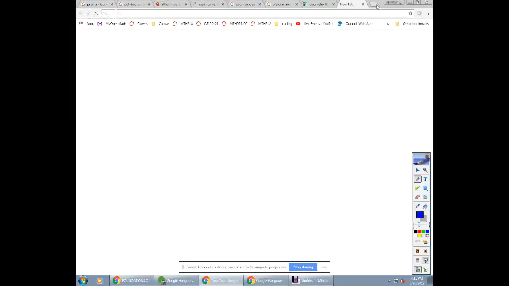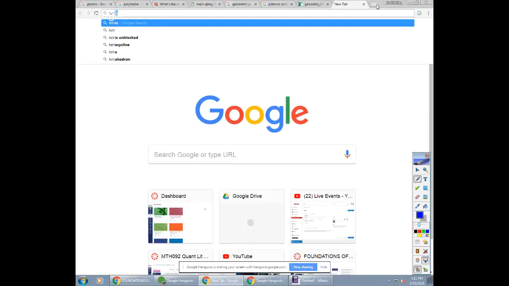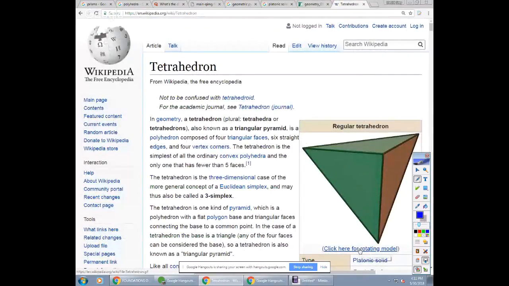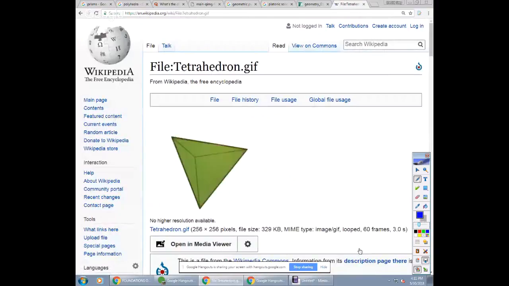Let's see, if I just search for it, I'll find it. Tetrahedron. Wikipedia usually has some cute. Click here for the rotating model. Woo! Oh yeah, there we go. Look at that sucker go. All right, it's moving kind of fast. Wish I could slow it down.